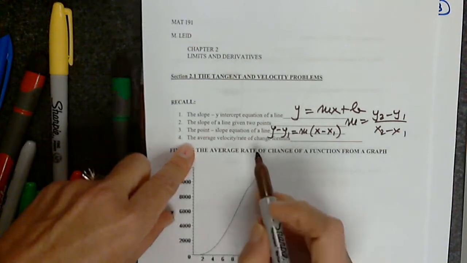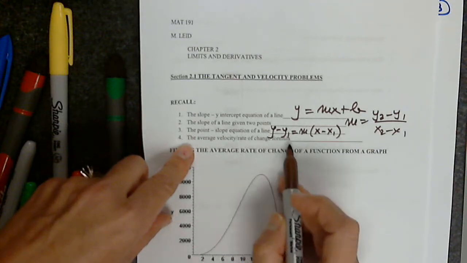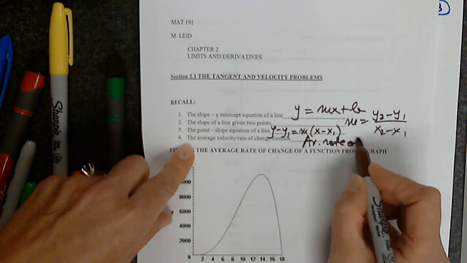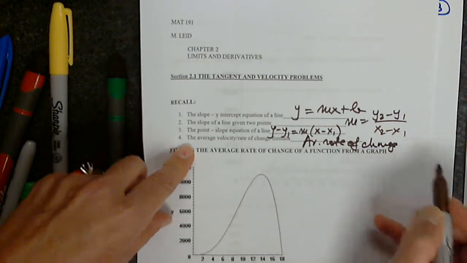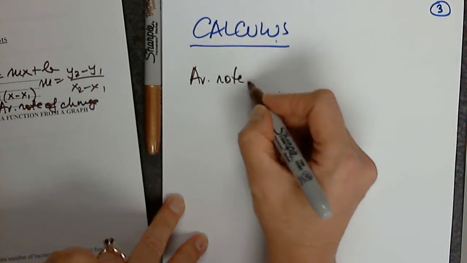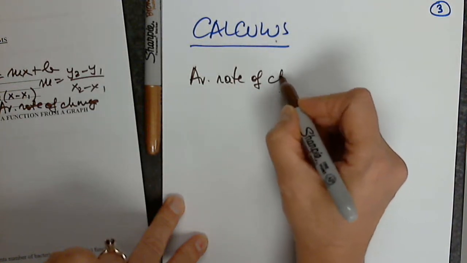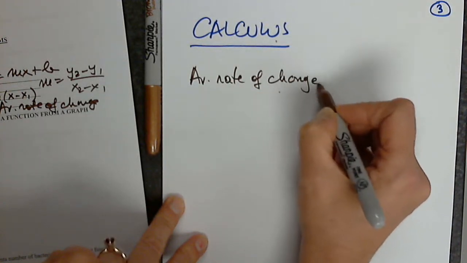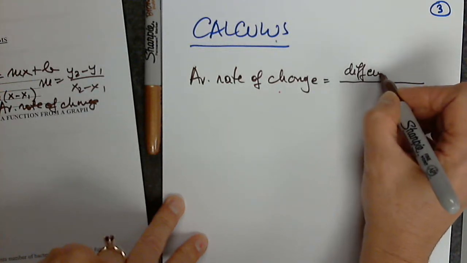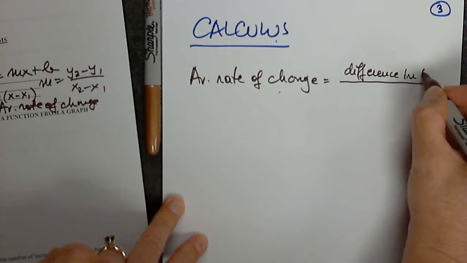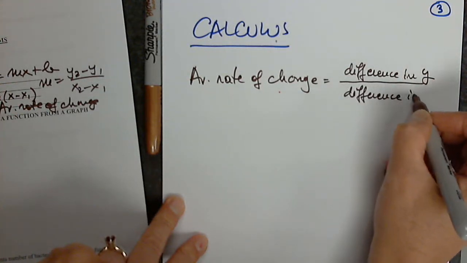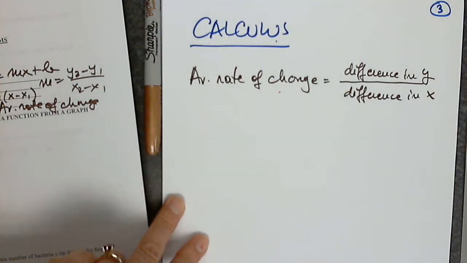The average velocity or rate of change formula. Average rate of change. And I'm going to write it here. Average rate of change: difference in y over difference in x.